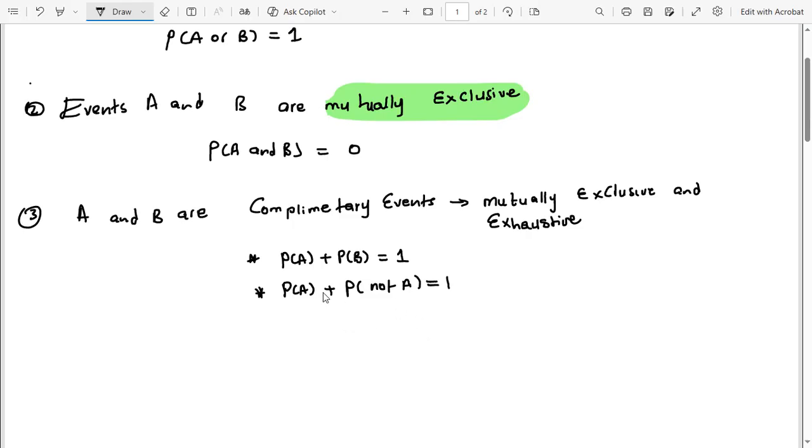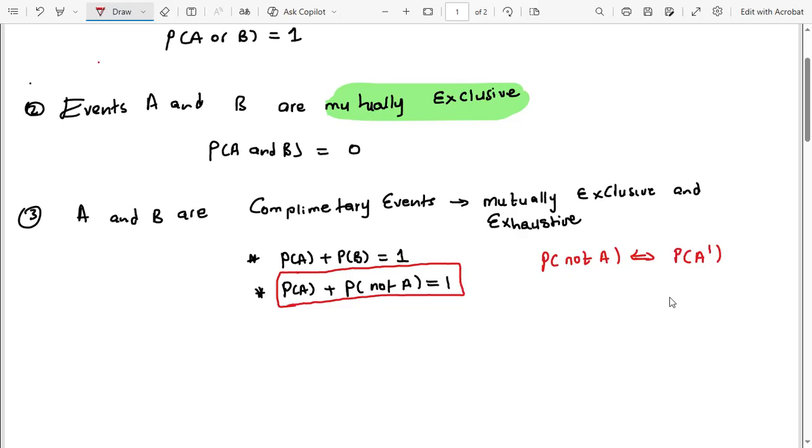So let's look at this. Now we know that the probability of not A is how we denote it.